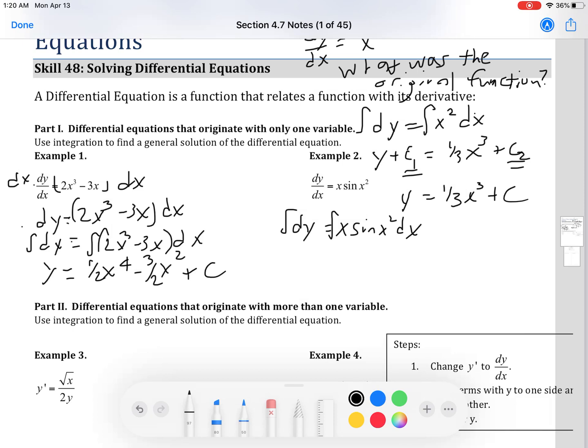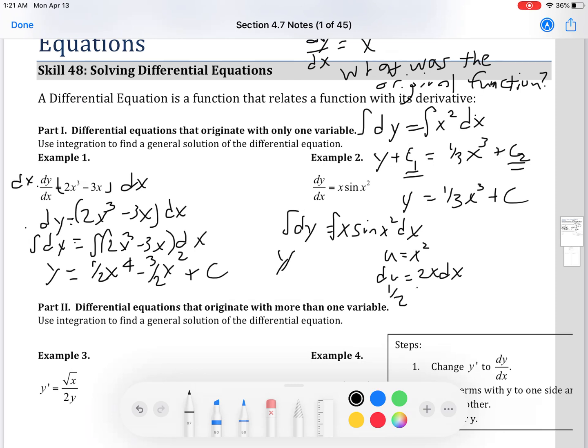Now, the left side is a piece of cake. That's just y. The right side is not as much of a piece of cake, but it looks like something that we're going to be doing the u substitution with. So I'm going to say that u is x squared, du is 2x dx, of which x dx is just half du.